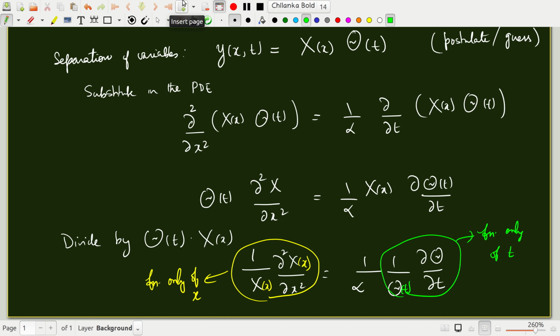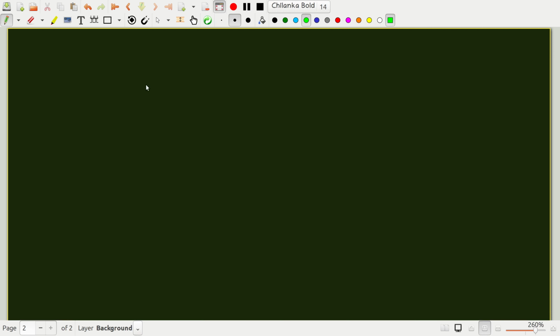So if this equation has to hold true, then we require that both sides must equal a constant. Okay, so that is the idea in separation of variables.